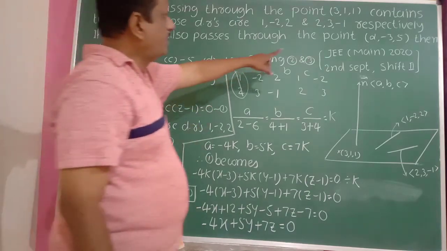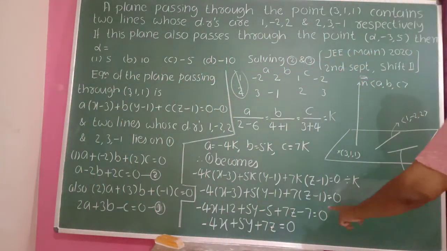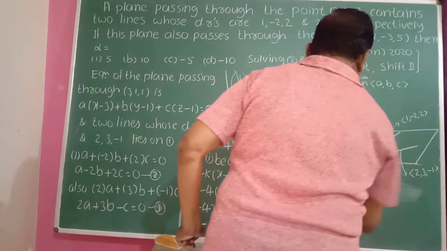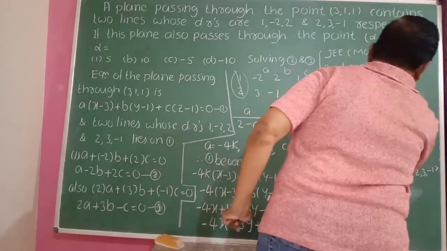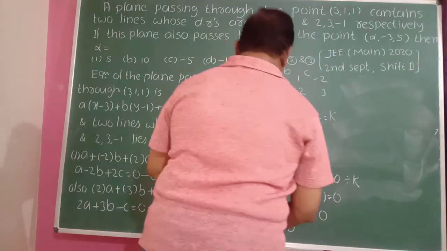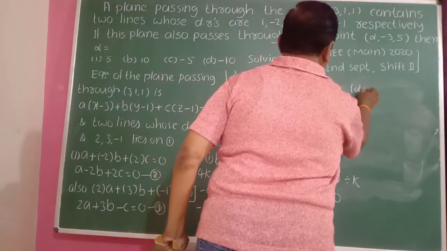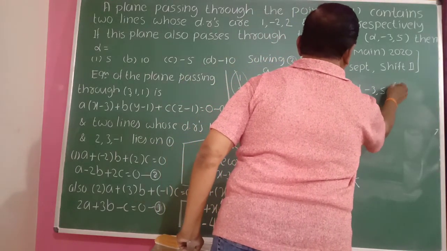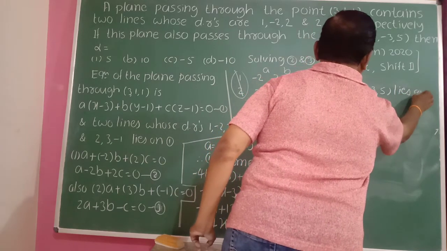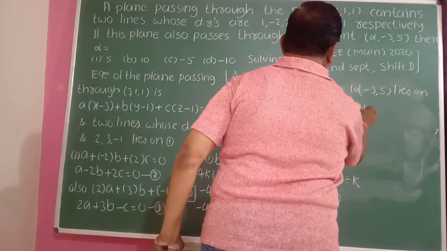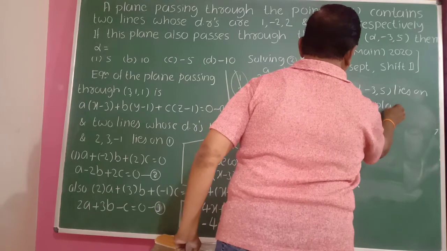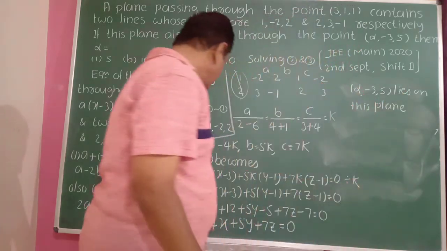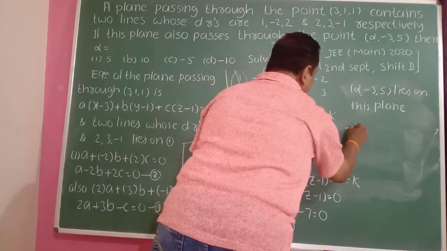So here alpha, minus 3, 5 lies on this plane. Therefore, replace x by alpha: minus 4 alpha.